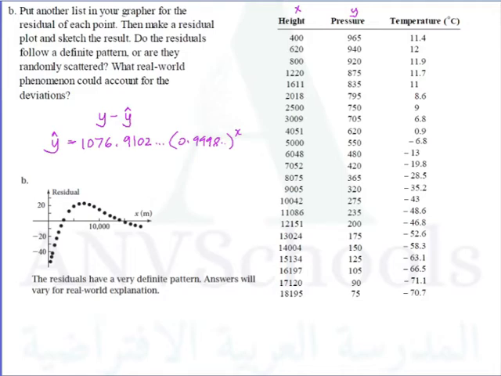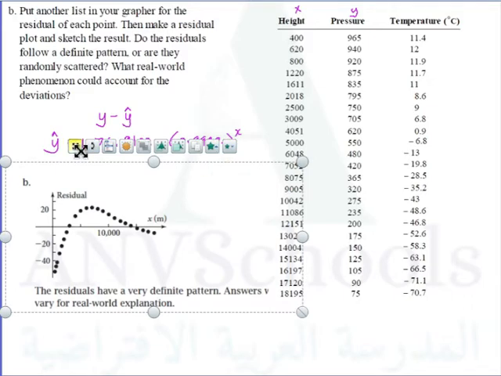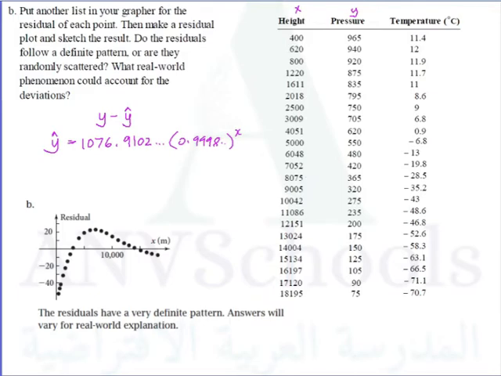As I have said, you have to get the value of your y hat for every x here, and then subtract it from your y value for every x also. You could actually check that.